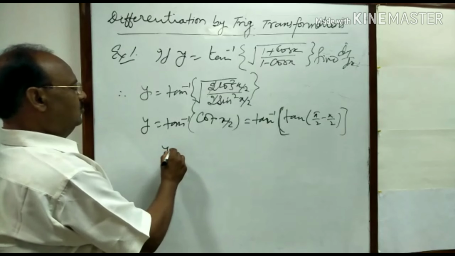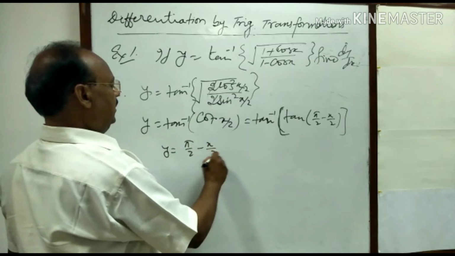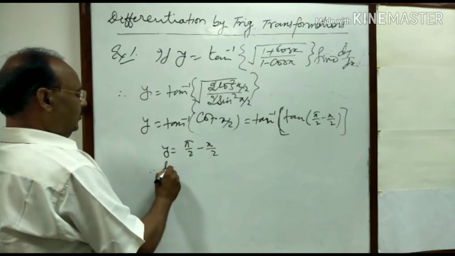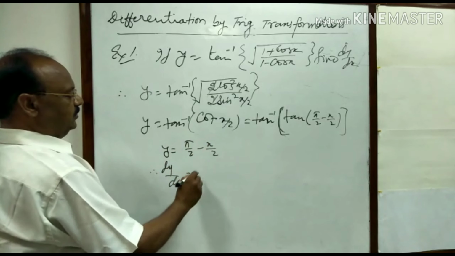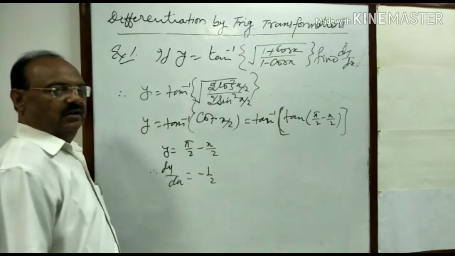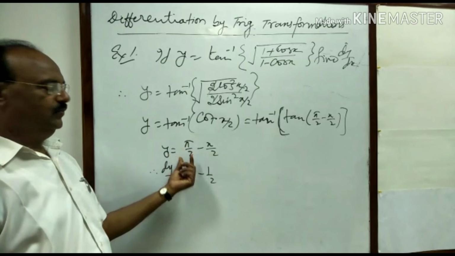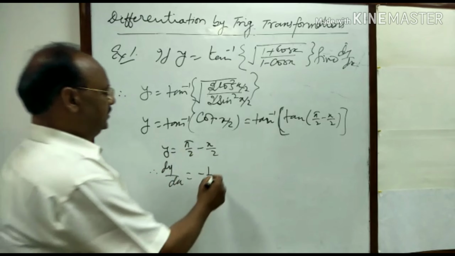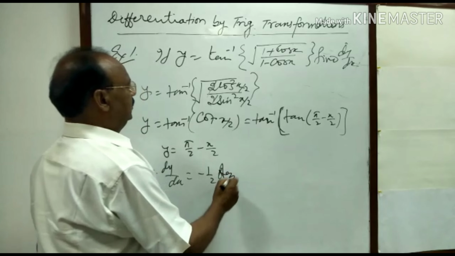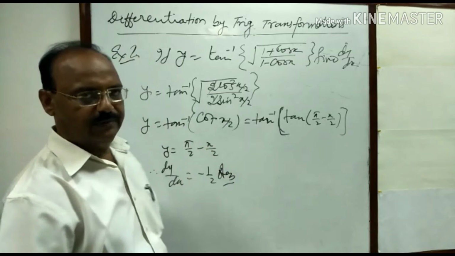So we are getting y is equal to pi by 2 minus x by 2, and therefore derivative of y with respect to x is equal to minus half. Since derivative of pi by 2, being constant, will be 0, so minus half. This is the answer. It was question number 2. Now let us see next question.